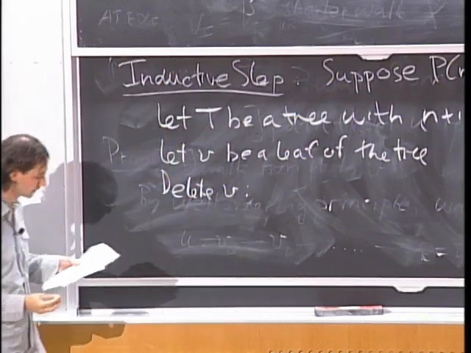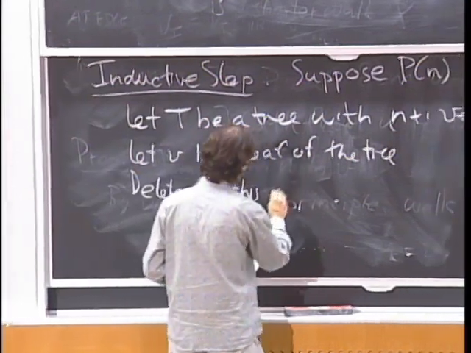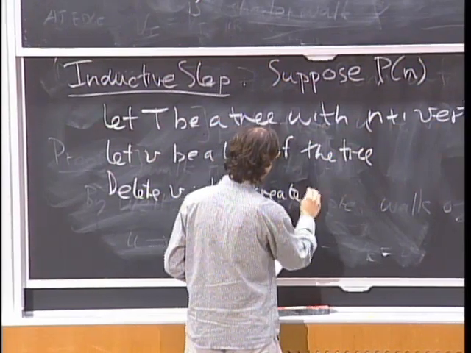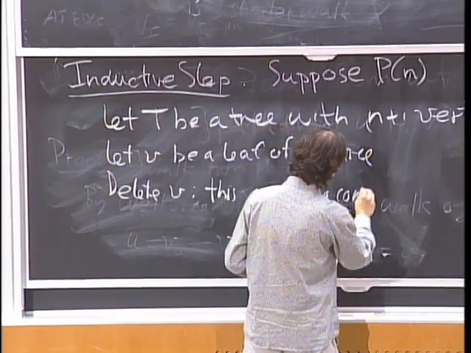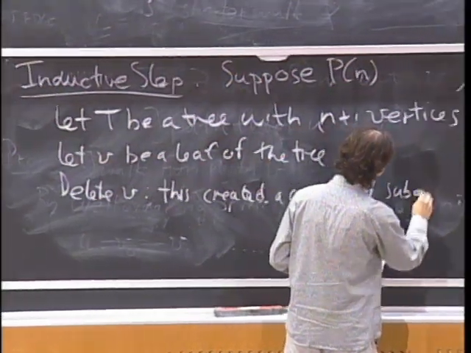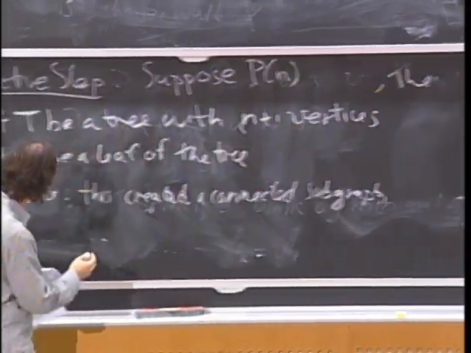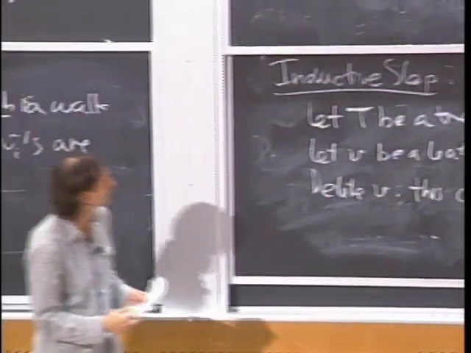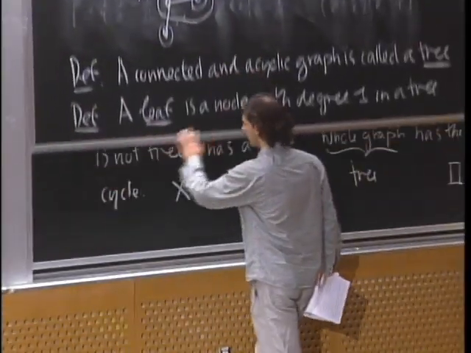So what do we get? Well, we again have a connected subgraph. And we also know that this is a tree. So how can we conclude that? Well, we had another lemma somewhere. It's behind this blackboard.